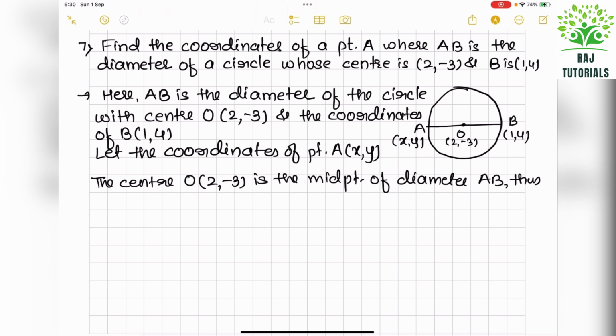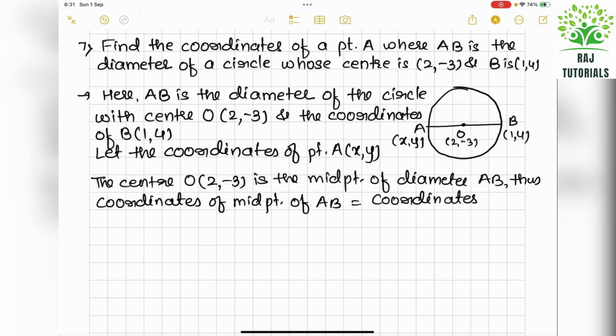Thus, coordinates of midpoint of AB will be equal to coordinate of O. So, therefore, (x plus 1 by 2, y plus 4 by 2) will be equal to (2, minus 3).